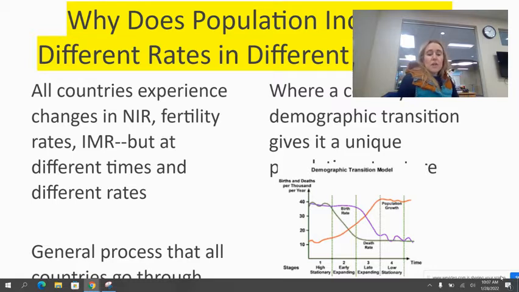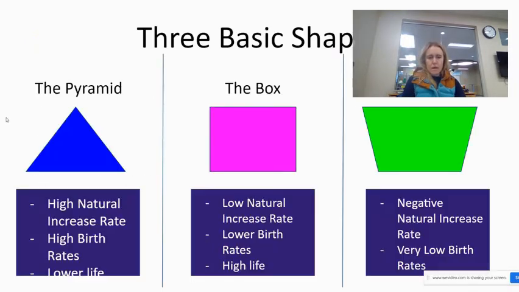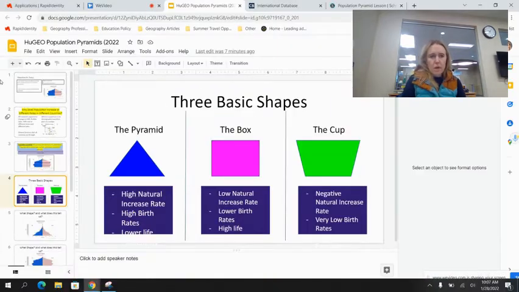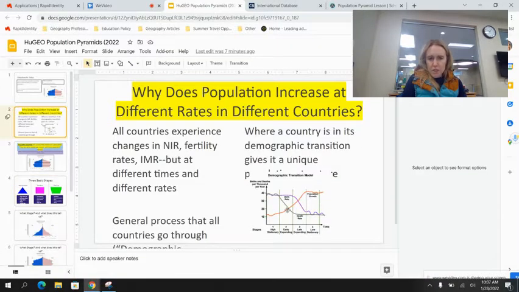So it's the general process that all countries go through. We refer to this as the DTM. I just noticed that this isn't correct, so I've got to change this. There we go.